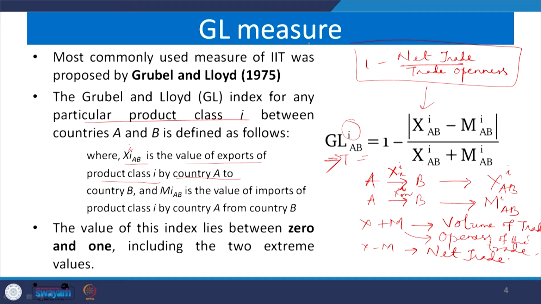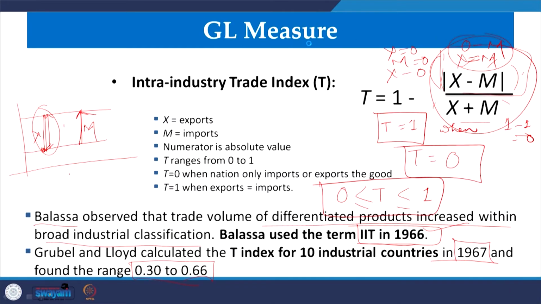So, the value of this index lies between 0 and 1, which we have already discussed, including the two extreme values. 0 and 1 both are included in the model. Therefore, this is the foundation model of intra-industry trade, and this is the standard model of measuring intra-industry trade. But there are a large number of limitations raised by other economists, and those limitations are presented here.